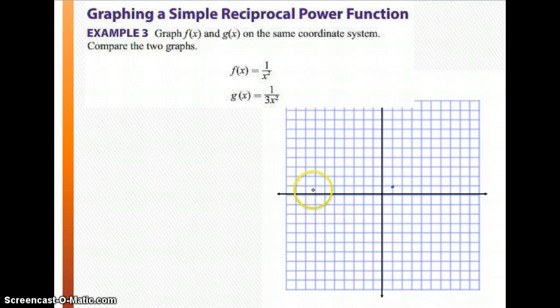If x is equal to 2, then I have 1 over 2 squared, which is 1/4. If x is equal to 3, I would be even closer. It would be at 1/9. And if x is equal to 1/2, that would be 1/2 quantity squared, which is 1/4. Take the reciprocal of that, and I would get 4.